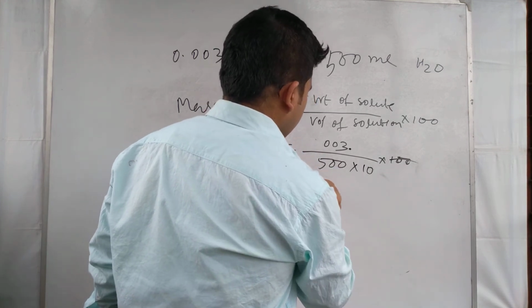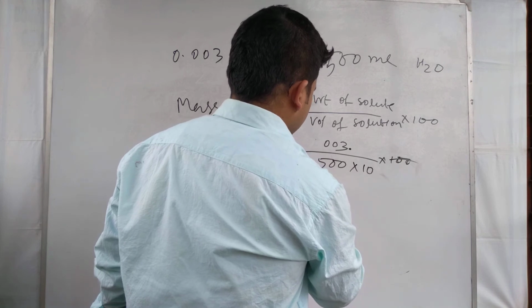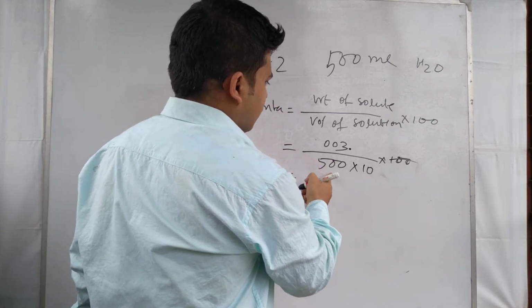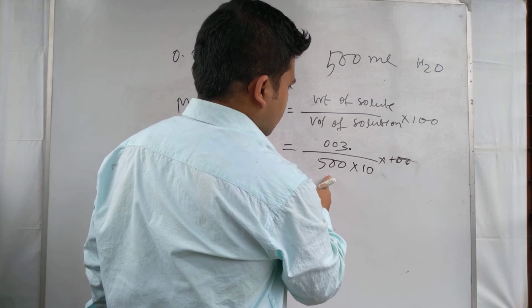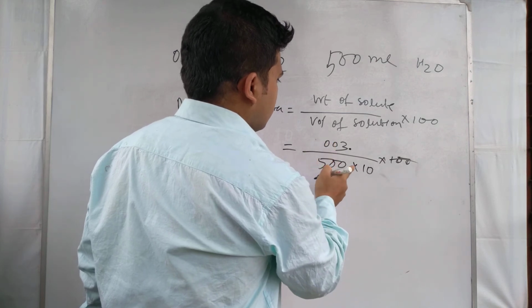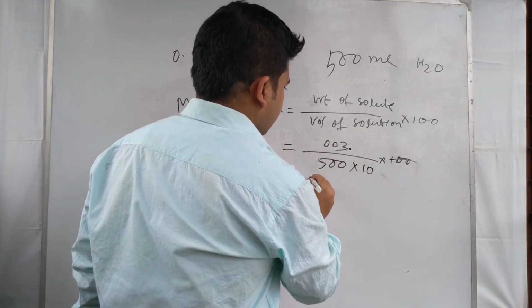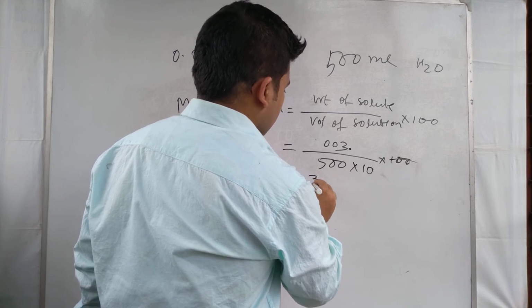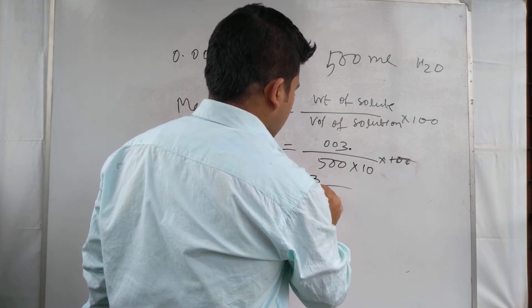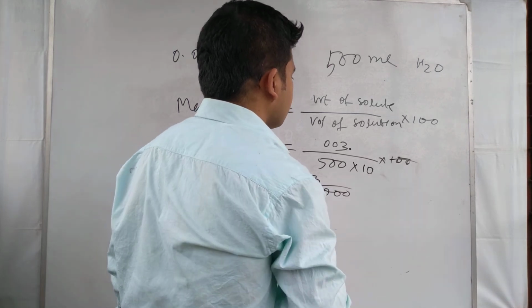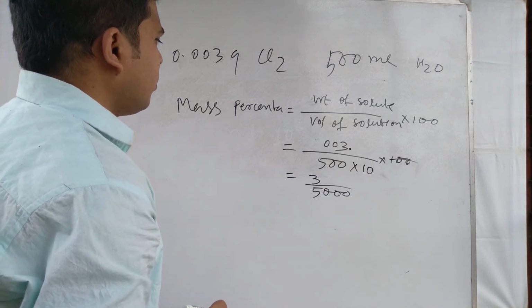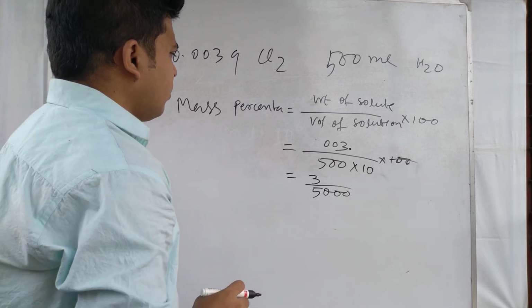The weight of solution is 500, so it is 3 divided by 5000.